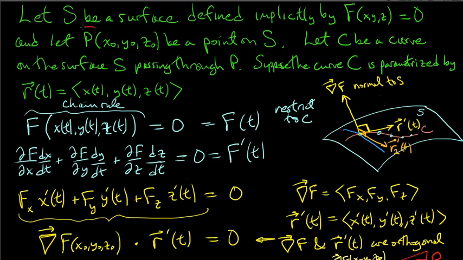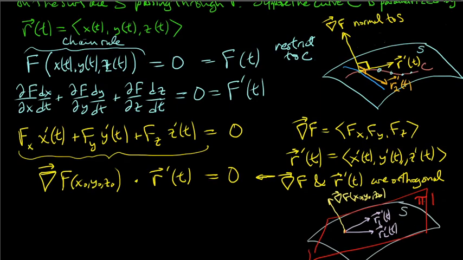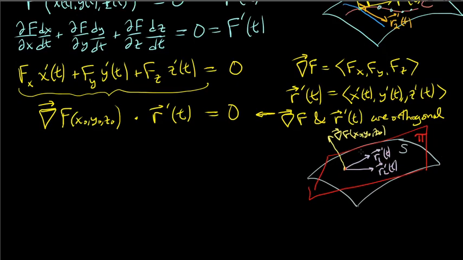Oh, the point. Yes, this is p. So p is not the plane, p is the point. So we'll say the plane is just pi. So notice that the gradient vector of f then is normal to that plane. It's a normal vector to the plane pi.